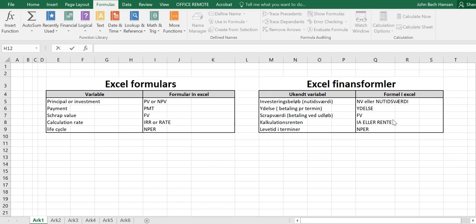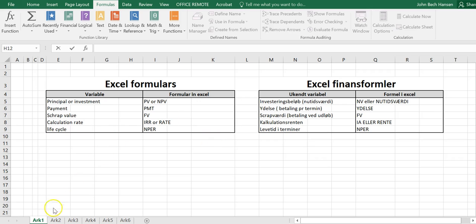And please be aware that I say payments because it is cash flow. So we talk about incoming and outgoing cash flow. Sometimes, when we talk about the profit and loss account, we all know that perhaps we haven't received the cash yet, even though we have made a profit. So there we have a little bit of a different way of talking about the investment. Here we talk about cash flow.